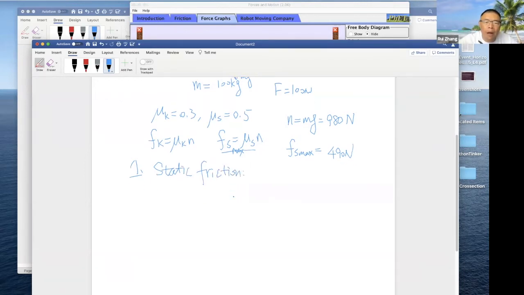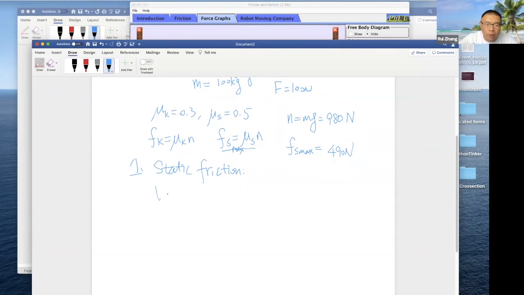About this part, the question is, what is the minimum force needed to move the object?